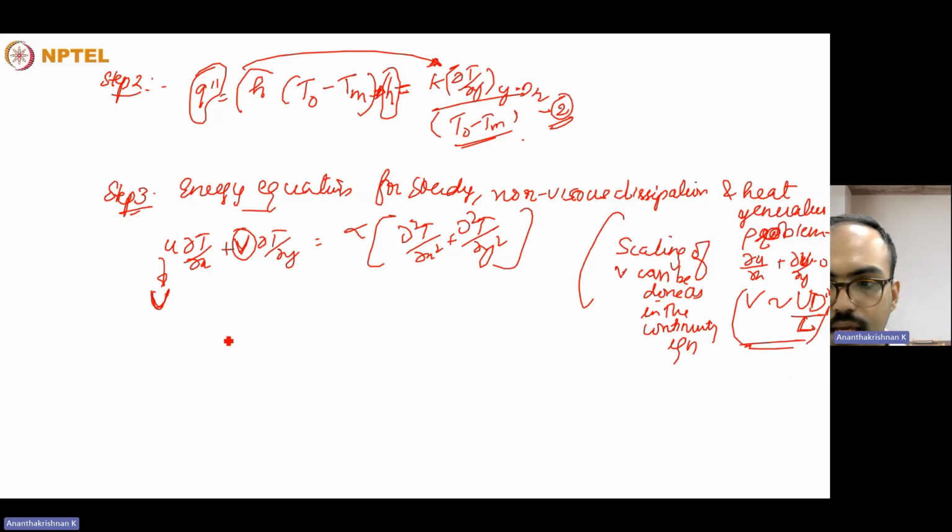So substitute back here. It is assumed that the flow is fully developed and thermally fully developed.